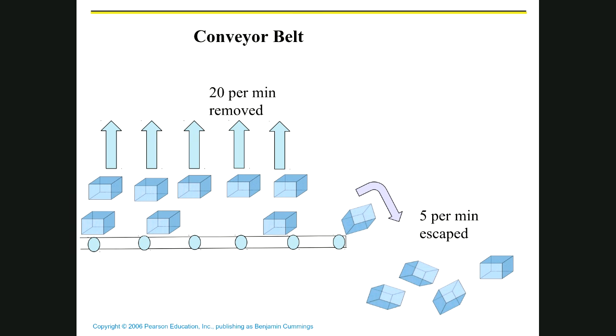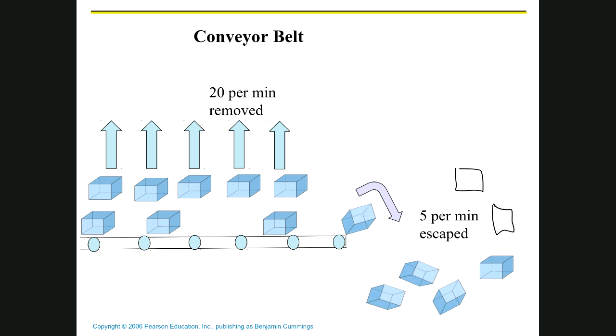But what if it wasn't 5 that were escaping? What if only 3 escaped? I'm still removing 20 per minute. But now how fast is my conveyor belt going? 23, that's right. One more time. What if it's 7 that are escaping?